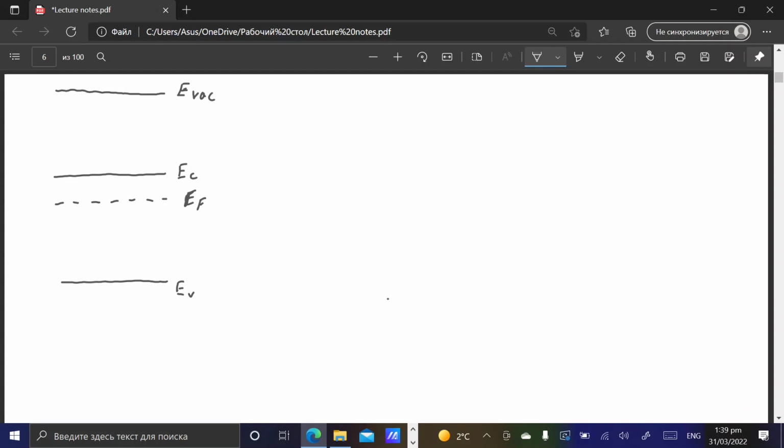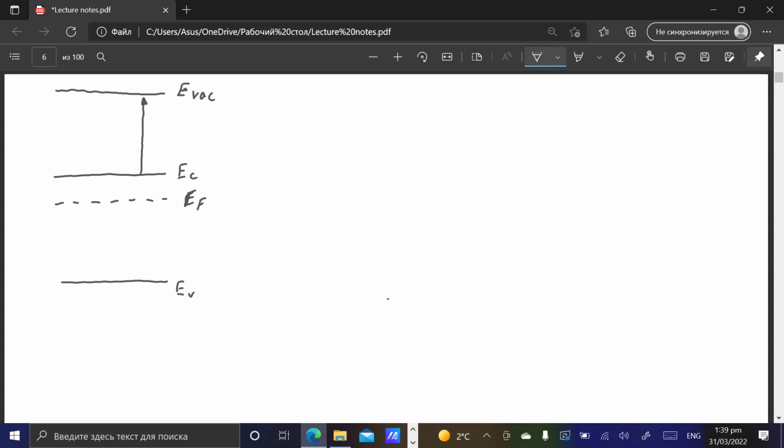So vacuum energy level is used in order to show that if by any reason an electron from a solid body, in particular semiconductor, makes a transition to this vacuum level, we assume that there is zero potential energy of the electron with the bulk of the material, and this electron becomes free.